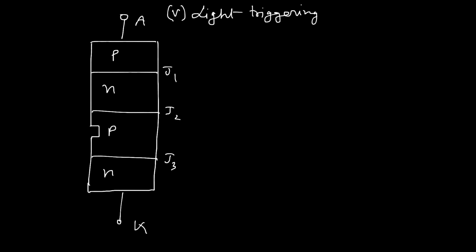The thyristor is bombarded by those energy particles, and then it works as a gate firing circuit. That means without the help of any external gate terminal, electron and hole pairs are generated due to a huge amount of external energy taken from the light.